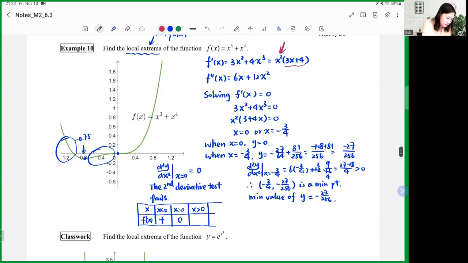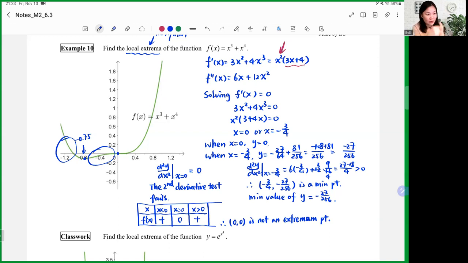So it's positive, positive, 0, positive. That means 0 is not an extremum, as you can see from the figure. This one is a minimum and this one is a saddle.